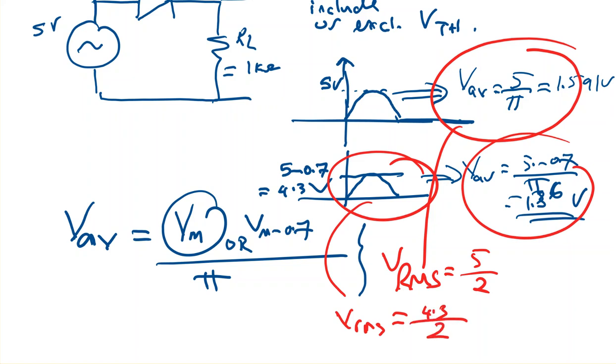And if we would like to calculate the current, we could calculate the average current as this value divided by RL, which is 1 kilo ohm, and the same thing for this one.